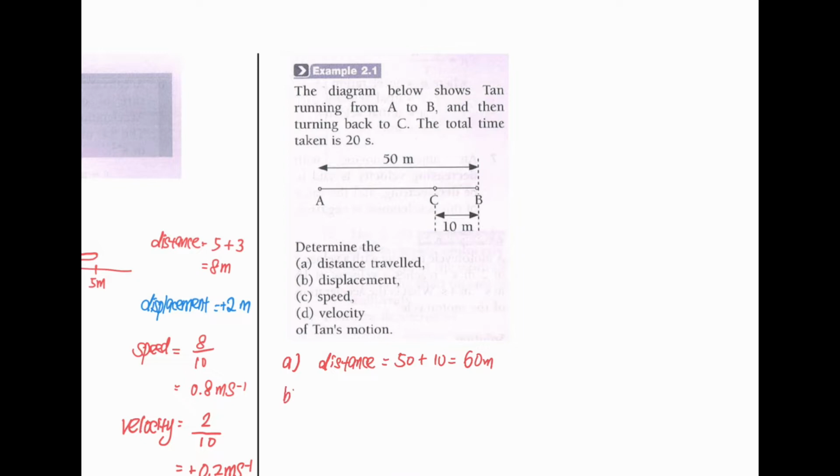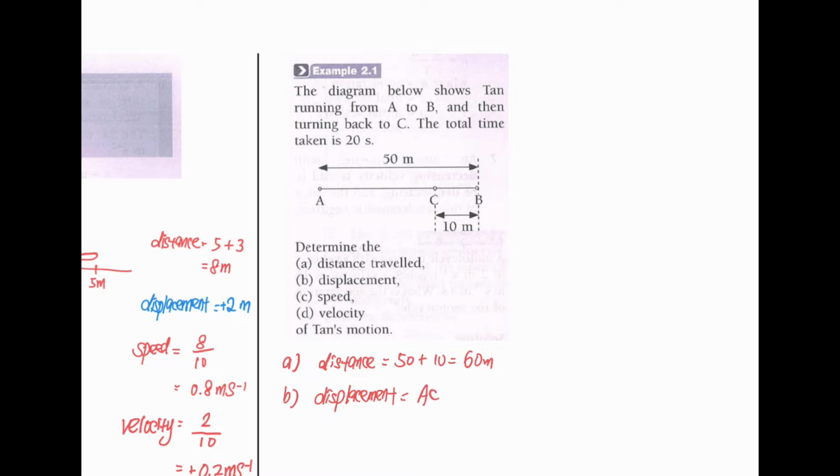Part B, displacement. We look at the starting point A and the end point C. The distance from A to C is just 40 meter.